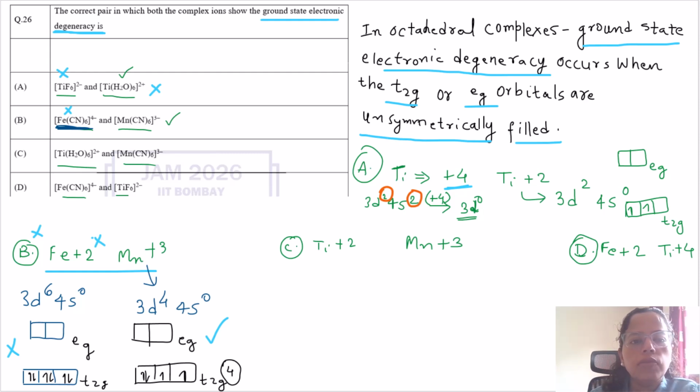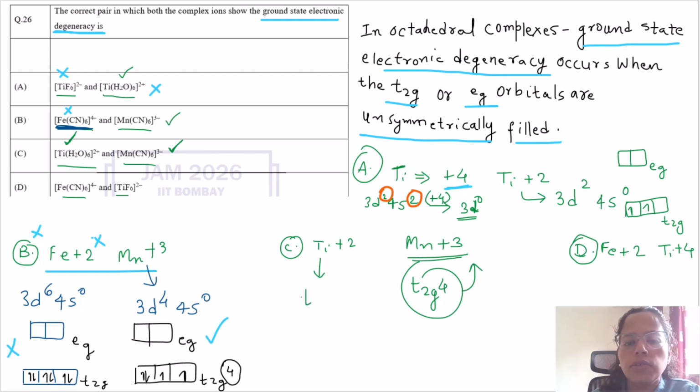Now in option C we have Ti(H2O)6 2+, which we have seen will show electronic degeneracy. Mn(CN)6 3- we just saw will also show electronic degeneracy, because Mn is in the +3 oxidation state with a T2G4 electronic configuration, which is an unsymmetrically filled T2G.